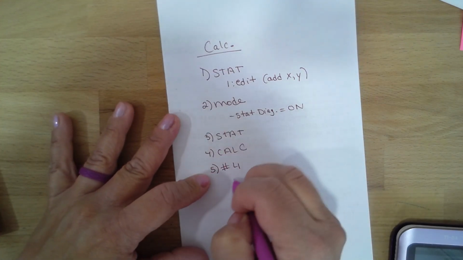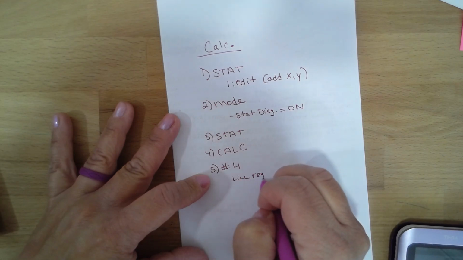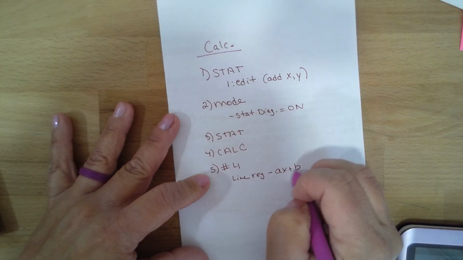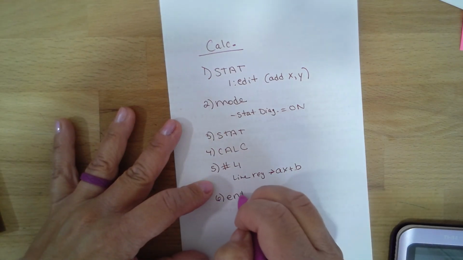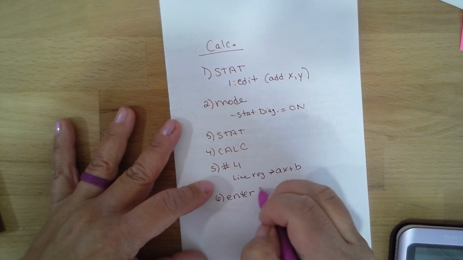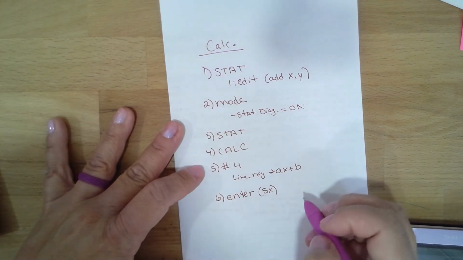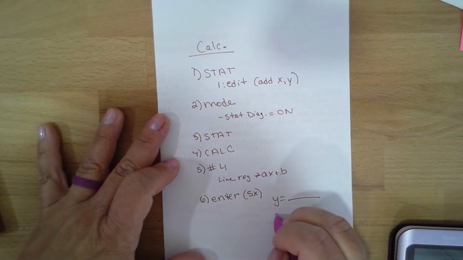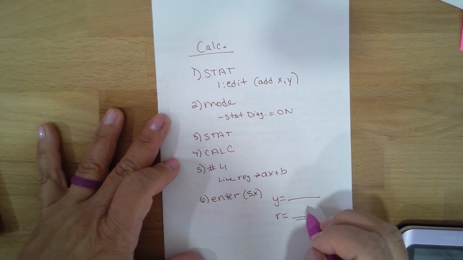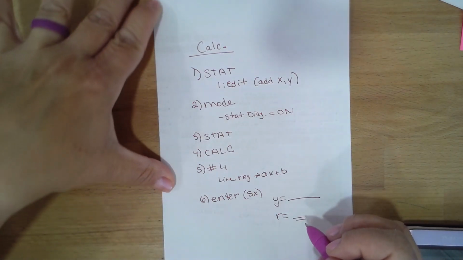Number 4, linear regression. It's the AX plus B instead of MX plus B. And then once you get there, you just hit enter. I think it's like 5 times until it calculates everything for you. So it should give you the line of best fit and the R. Just make sure you write down the R and explain what that means, okay?